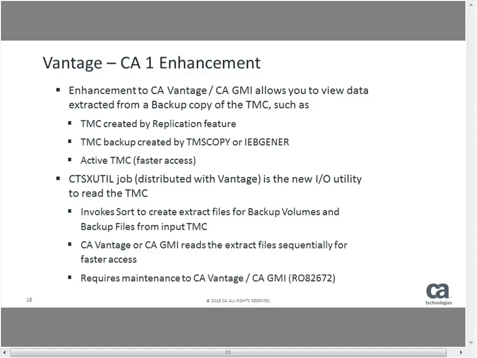But it does read the TMC very quickly, sequentially, and builds this new disk interval file. And again, it can be used to look at the active TMC or an old copy, a backup copy, or somebody else's TMC if you've got multiple z/OS sites.